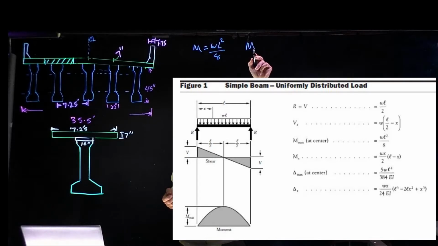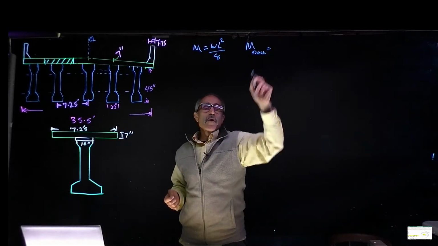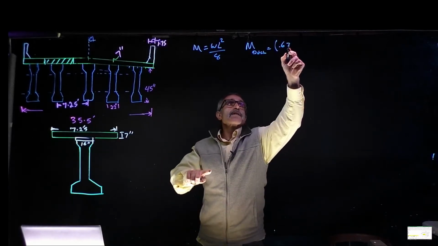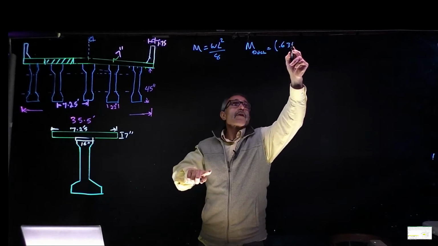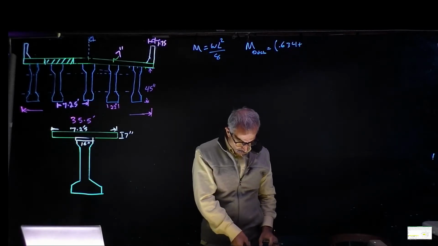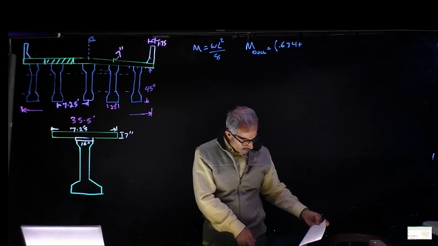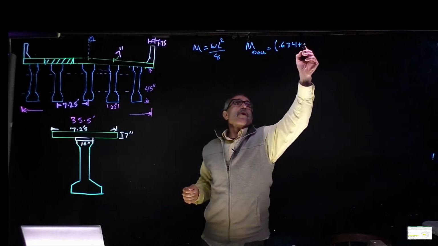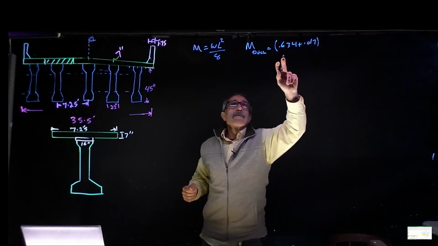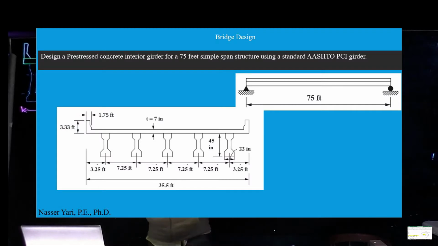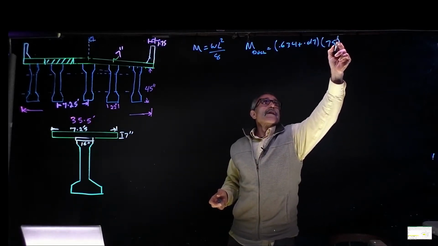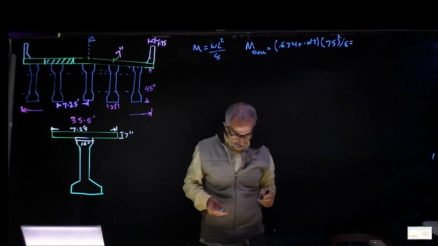So M for the deck, we had the load, which I erased, it was 0.634, and we got to add the 0.017 for the hunch itself. So the deck plus the hunch. And then that's your W, and L, we said that the length of the bridge beam is going to be 75 feet. So times 75 feet squared and divided by 8.